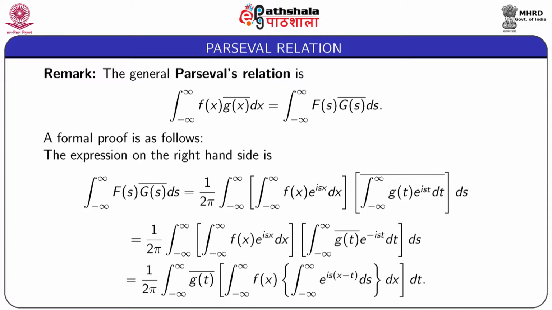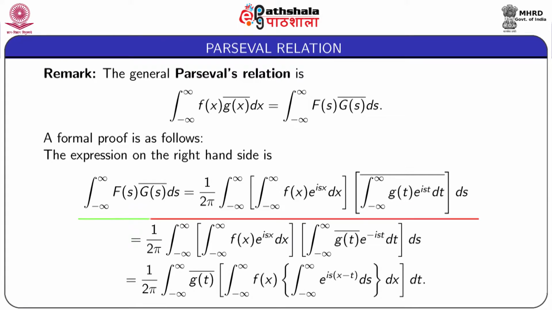Here capital F(s) is the Fourier transform of small f(x) and capital G(s) is the Fourier transform of small g(x), and bar denotes the complex conjugate. To prove this, we consider the expression on the right hand side, that is integral minus infinity to plus infinity capital F(s) G bar(s) ds.